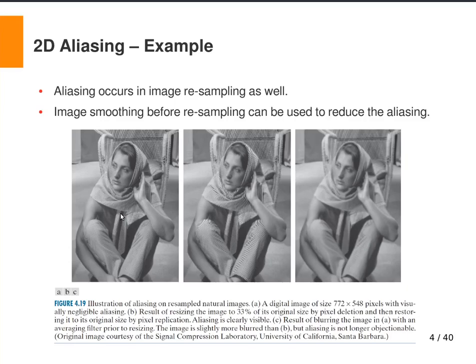As before, if we do image smoothing before resampling, we can reduce the aliasing, because image smoothing is applying a low pass filter that suppresses the high frequency components. That way it can reduce the amount of overlap between the high frequency components and reduces the effect of aliasing.